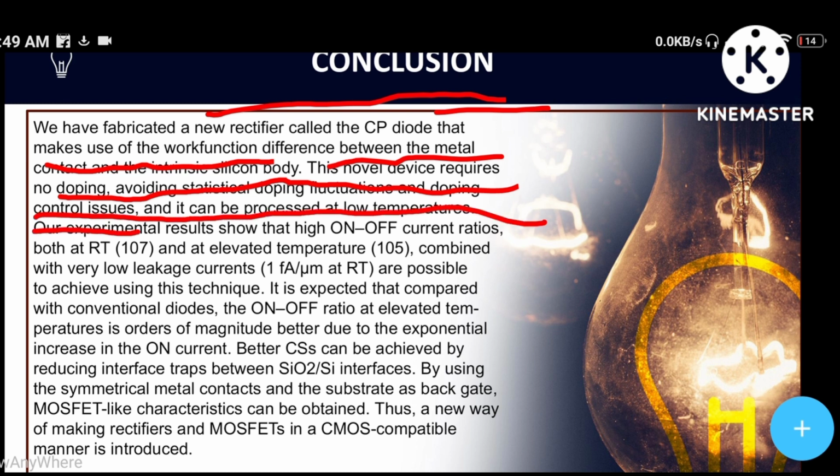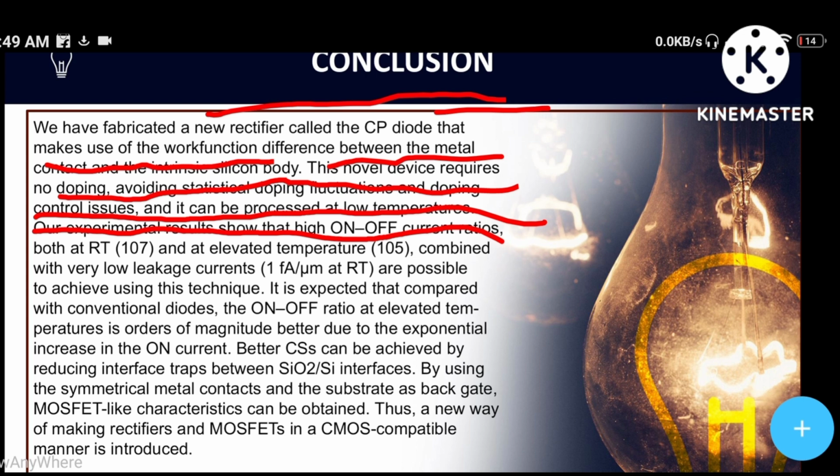Our experimental results show high on and off current ratios, 10^7 at room temperature and 10^5 at elevated temperature, combined with a low leakage current of 1 femtoampere per micrometer at room temperature, achievable using this technique.